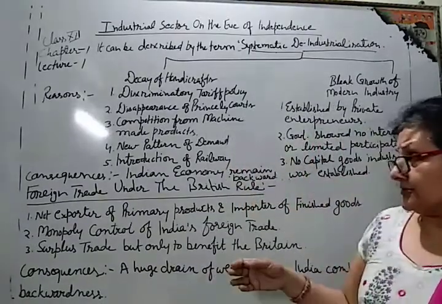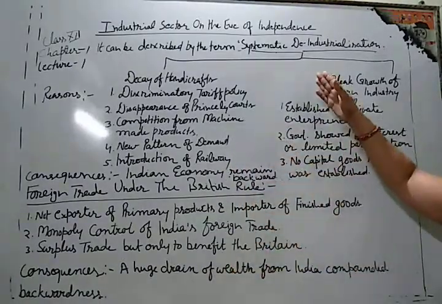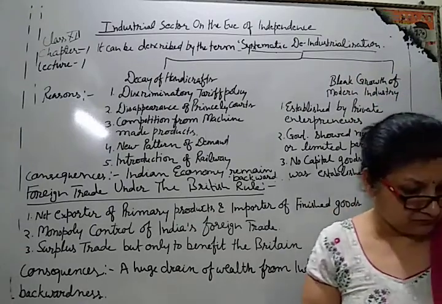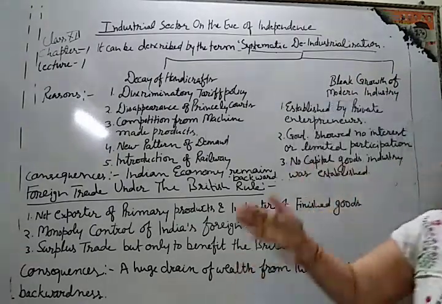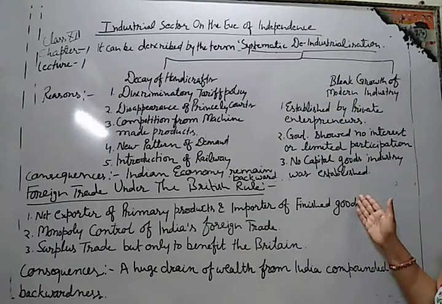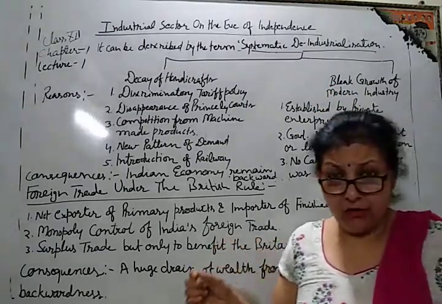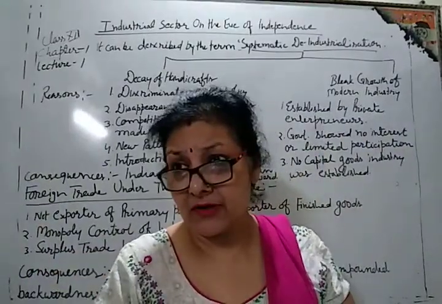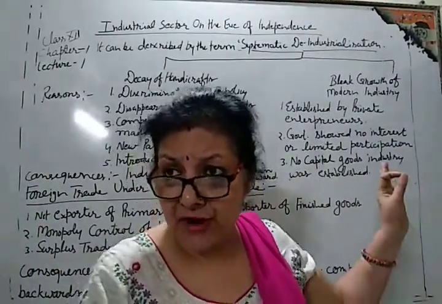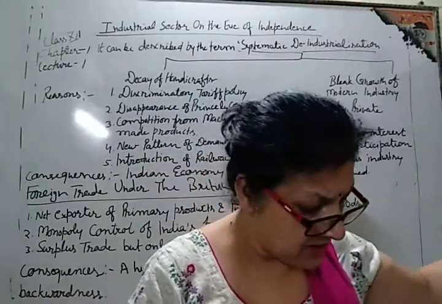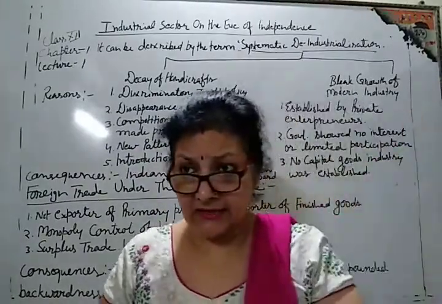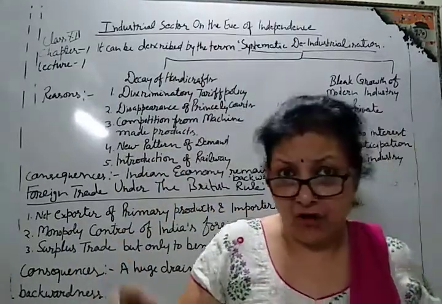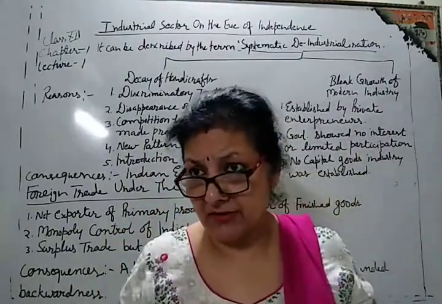Not only this, there was also weak growth of modern industry. You can see yourself that there were only a few industries established by private entrepreneurs, and among these, the Tata Iron and Steel Company was founded in 1907.